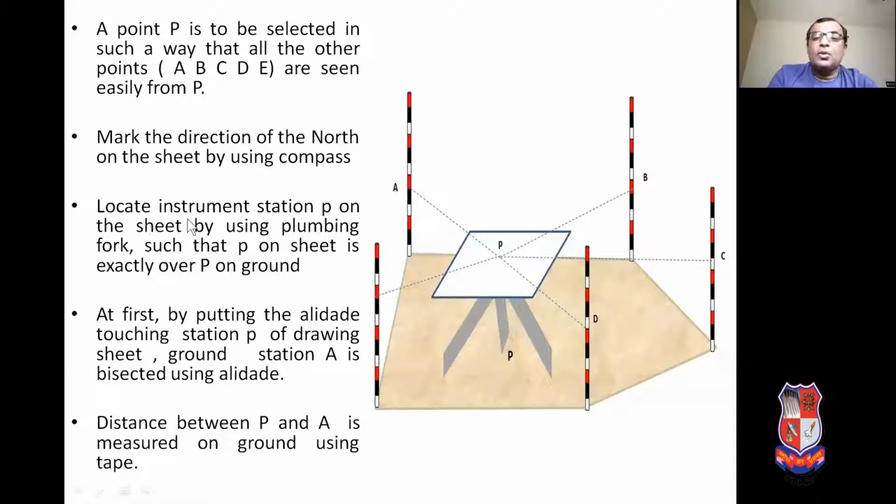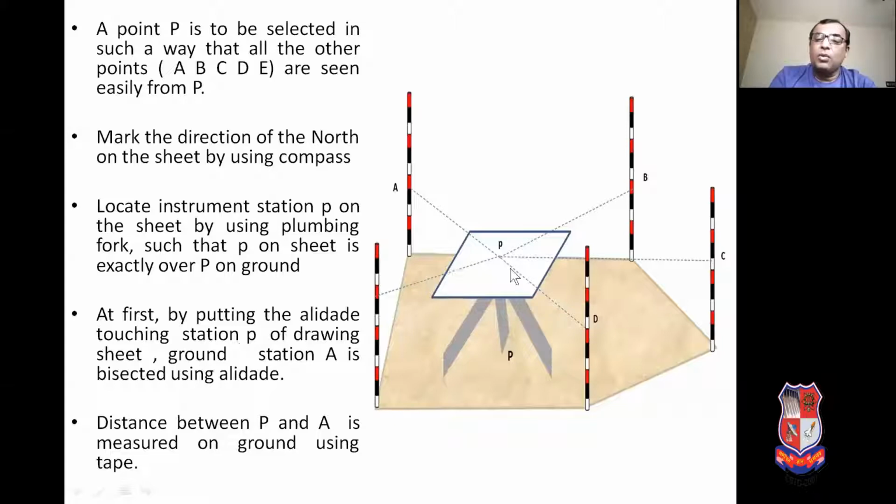So locate the instrument station P on the drawing sheet by using the plumb fork such that small p on the drawing sheet is exactly over the ground P, as I have discussed in the previous point. Then at first, by putting the alidade touching the paper station small p.